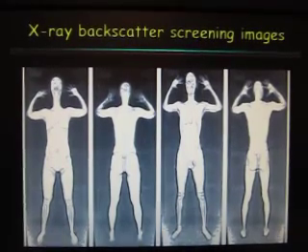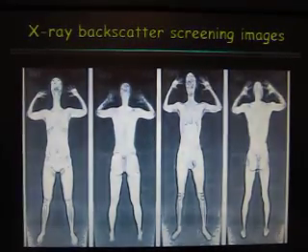There are a whole set of different issues which I'm not going to talk about today, about privacy, that you probably are aware of, but that's not really in my sphere of understanding. These are blurred images in which all the details of the individual have been removed, but hopefully there is enough information still to detect any explosives or any metal devices.